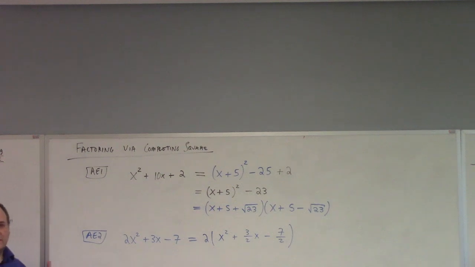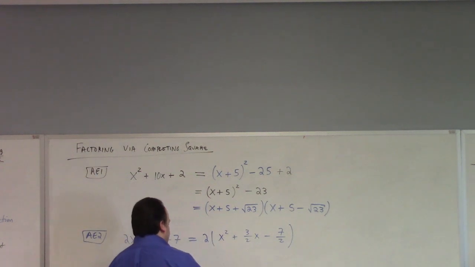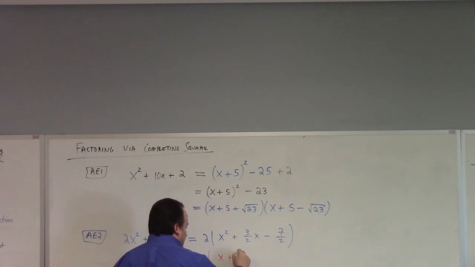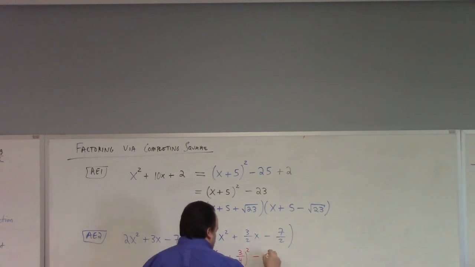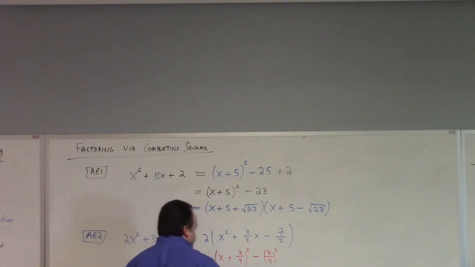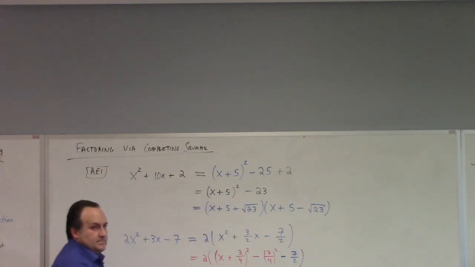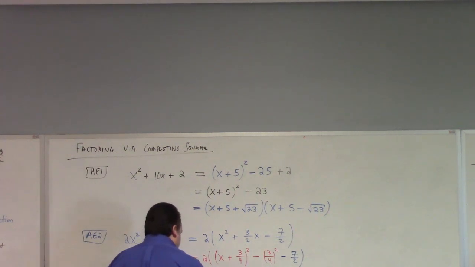Now that I have it in this format, I go back to the completing the square thing. I take half of the coefficient of x. What's half of 3/2? It is 3/4. I square that. I have to subtract 3/4 squared, and I've still got my 7/2 from before. All right. So what do you got? You got the 2 out front.